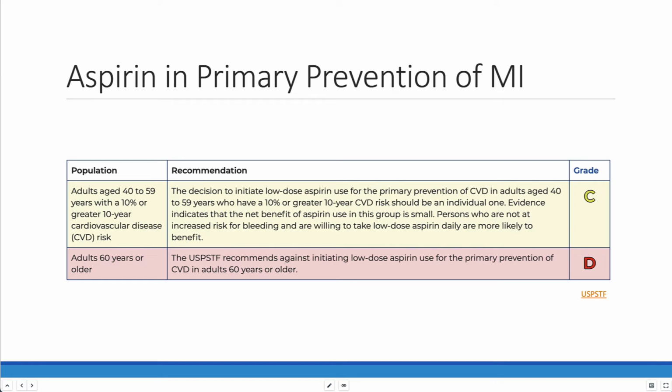You may have heard recently there was a lot of hullabaloo about the United States Preventive Services Task Force, USPSTF, and you can click here to get the report. But they came out with a statement that they do not recommend aspirin as primary prevention in people who are over 60 years of age. And then suddenly we heard some other thought, well, maybe you should just talk it over with your doctor.